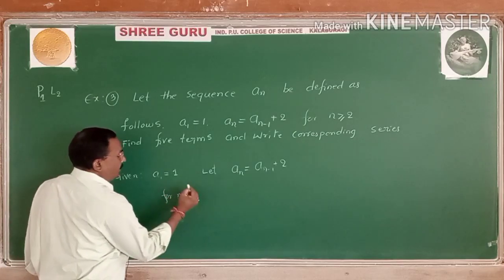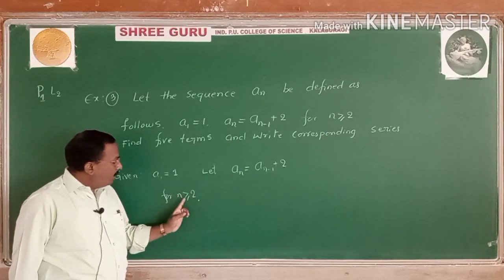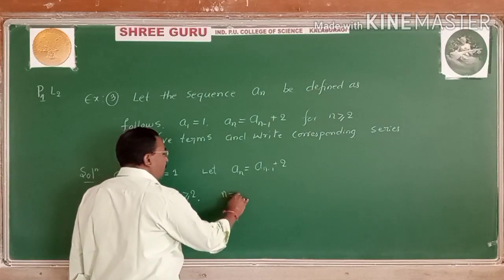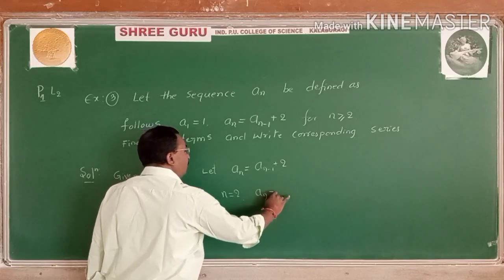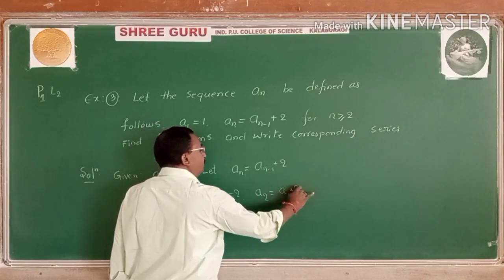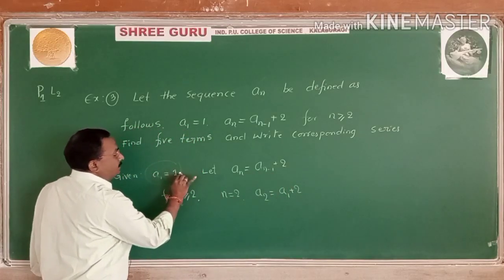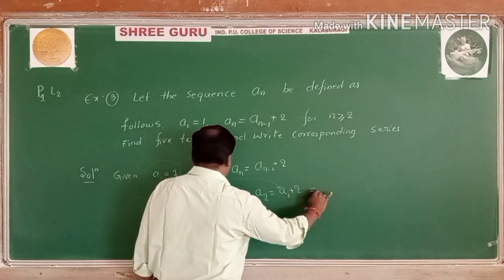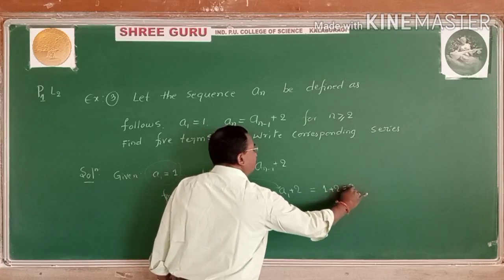First take n equal to 2: a2 is equal to a1 plus 2. Here a1 is already there, substitute a1 value: 1 plus 2 is 3.